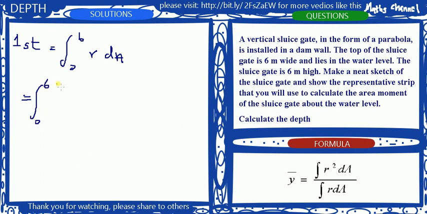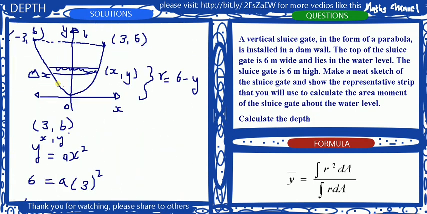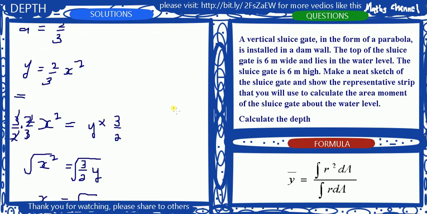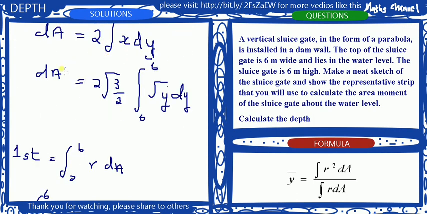What is the value of r? It is 6 minus y, this is the value of r for the first moment. So we write 6 minus y, then we put the value of the area, this one.